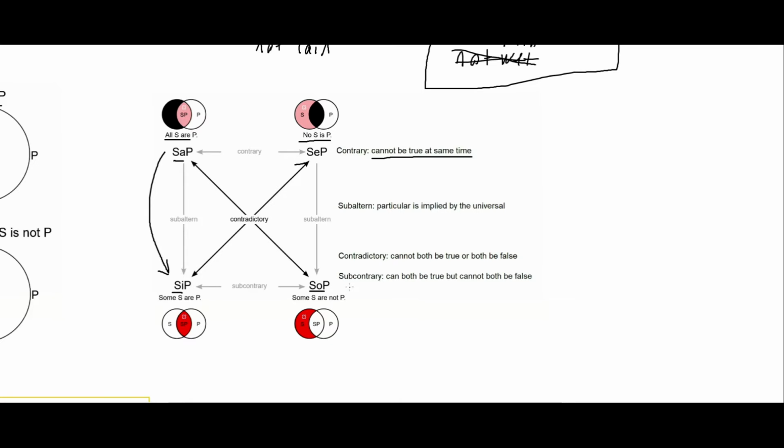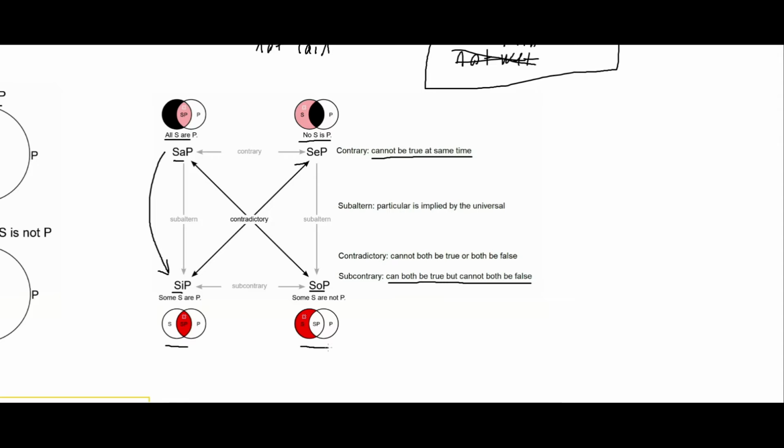And then we have subcontrary. They can both be true, but they cannot both be false. If we say that some humans are male, then it can also be true that some humans are not male.